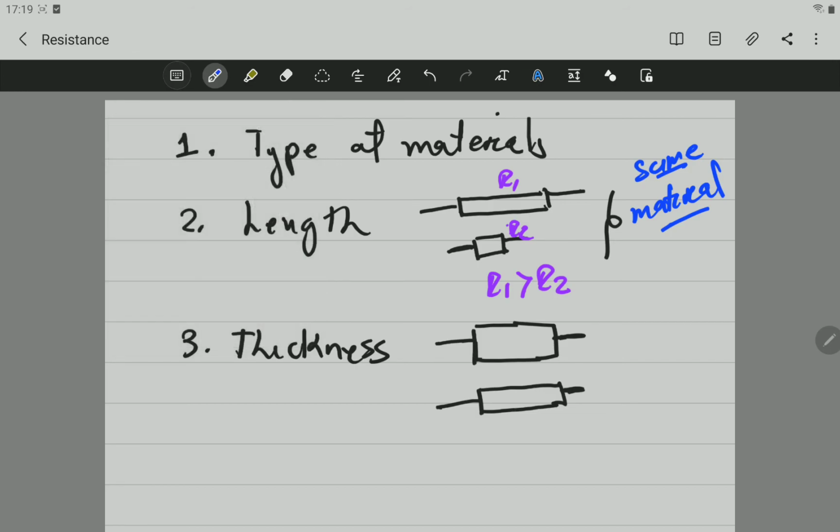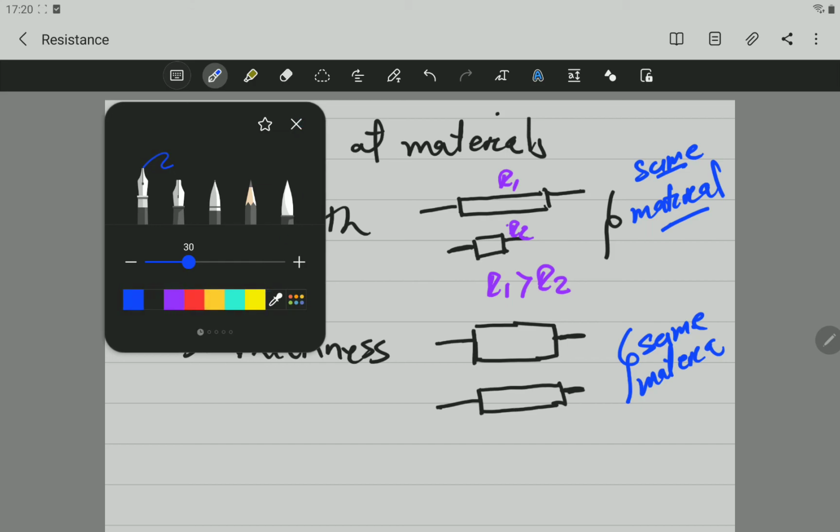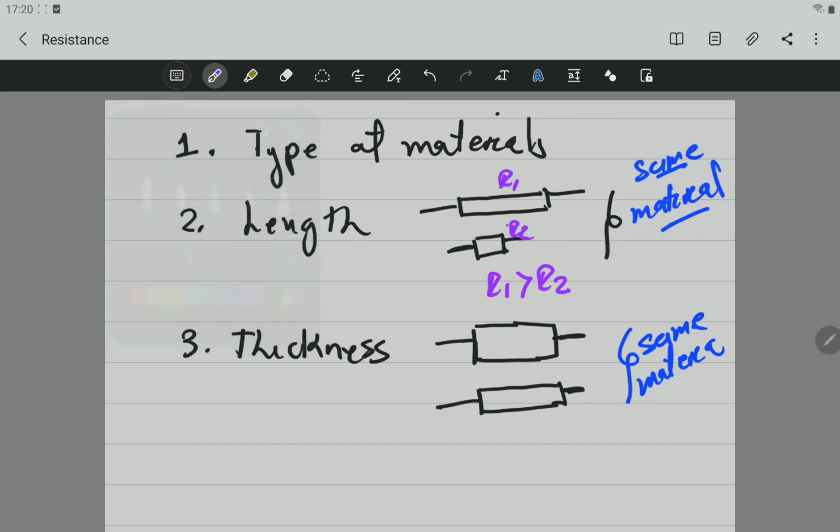If these two resistors are of the same material, and this is R1 and this is R2, then R1 is smaller than R2 because it's thicker.